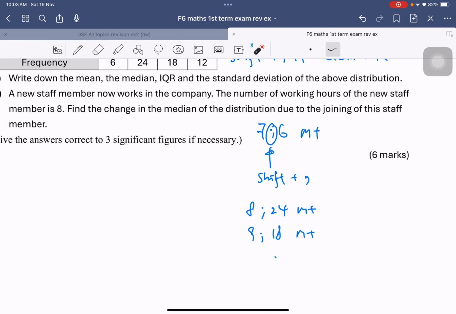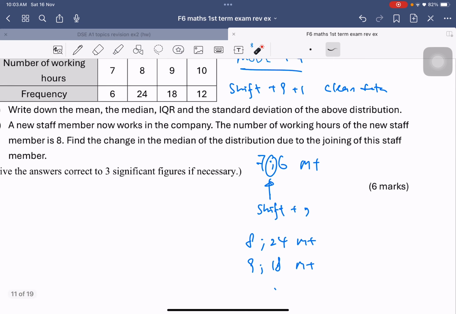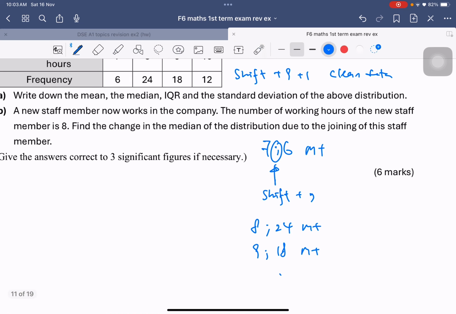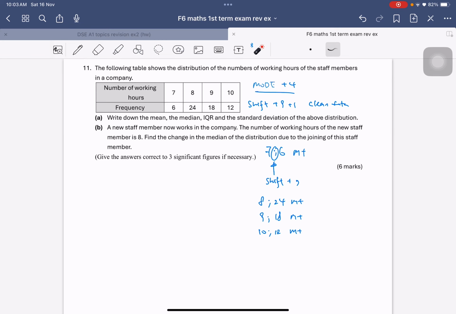So 9 colon 18 means that this data 9 is repeated 18 times. And the last one is 10 colon 12, M plus. That means this data 10 is repeated 12 times. Okay, so now we have entered all of the data.